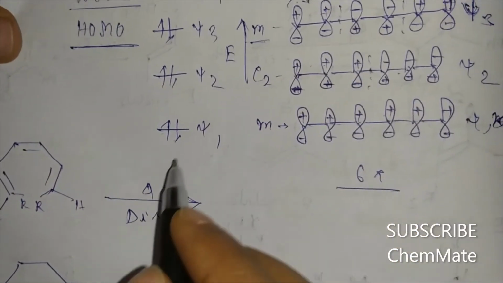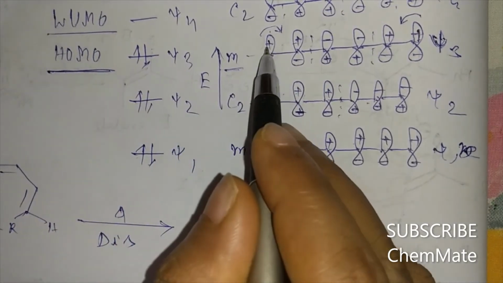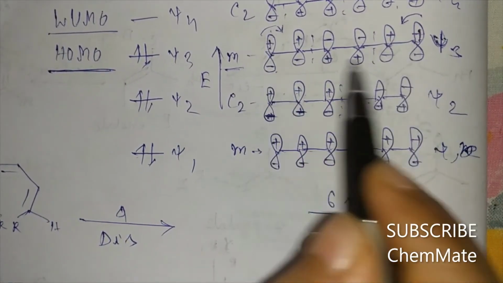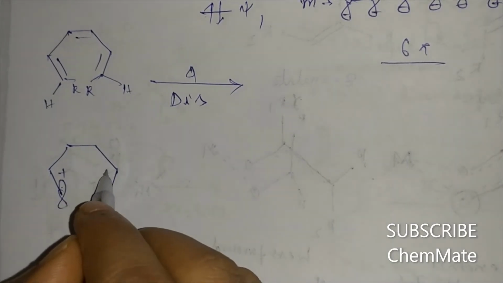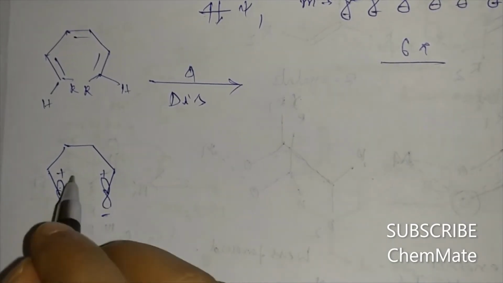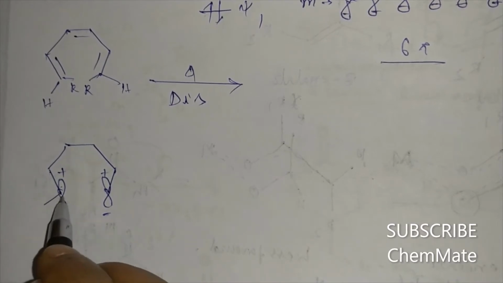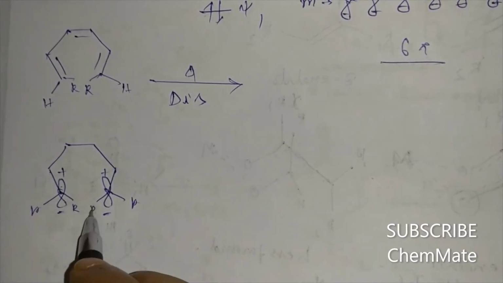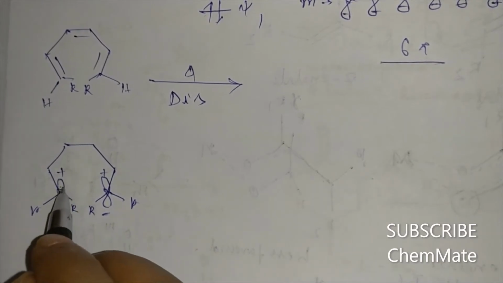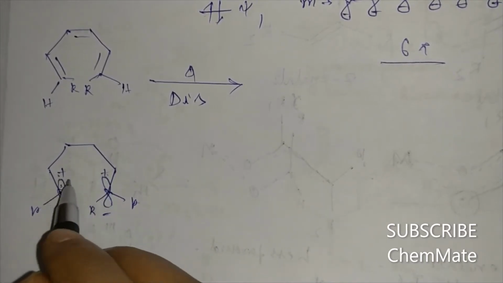By comparing this psi 3, here is a plus, here plus, minus, minus. So plus, plus, minus, minus. Here hydrogen, R, here hydrogen, R. To construct a bond, we have to overlap the similar signs.